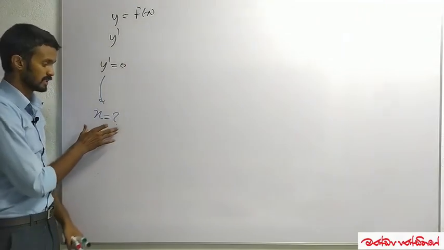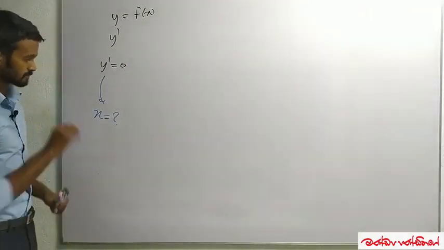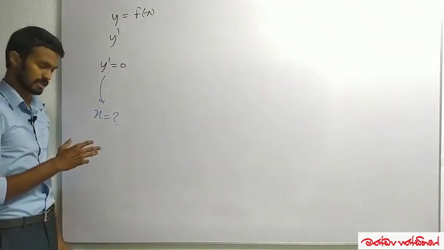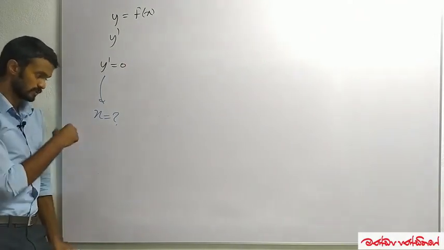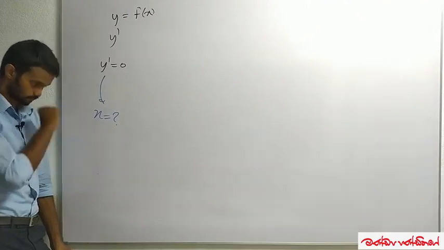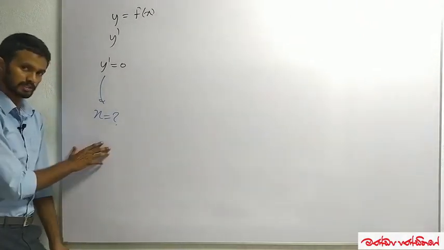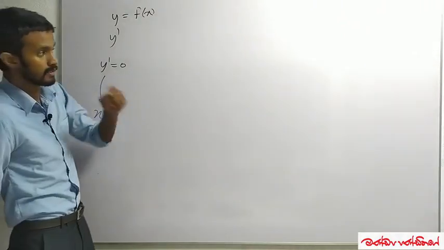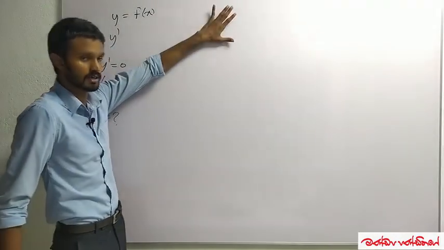This is not a differentiation video, so I hope you know how to find whether it is a local minimum or a local maximum using the first derivative. What I needed to teach here is the second derivative method.